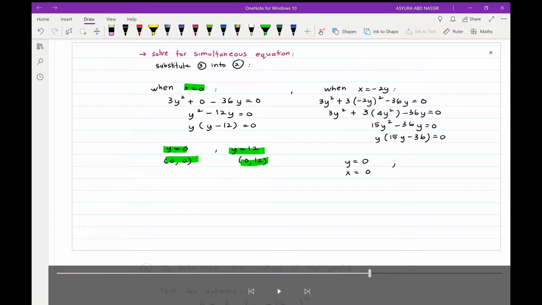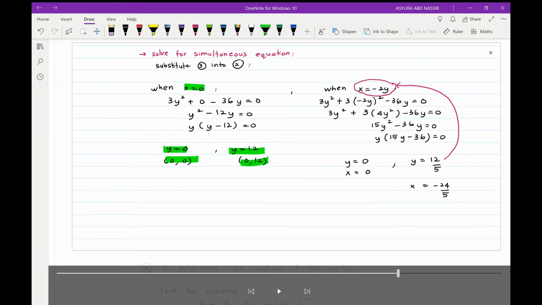When y equals to 0, look at here, the point is in the form of an equation, meaning you have to substitute your y, and you will get, when y equals to 0, your x is also equals to 0. And when y equals to 12 over 5, you will substitute into your x and you will get x equals to negative 24 over 5.